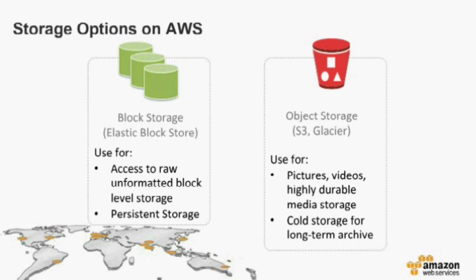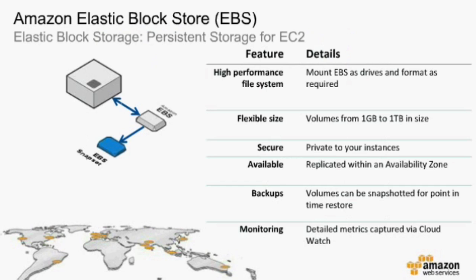So what's EBS? How does this work? An important concept is EBS is designed as a persistent storage layer for EC2. So EC2 is where you're renting computers from us by the hour, and inside of EC2, one of the biggest and most important value propositions is that you only have to turn on the computers when you need to use them, and you only pay for them when they're on.